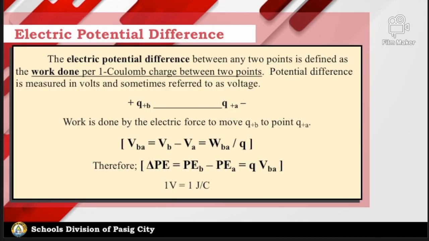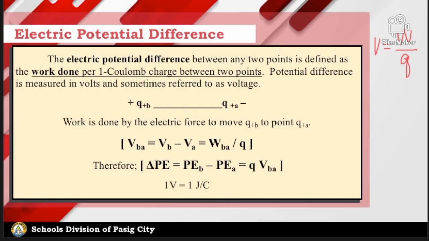The electric potential difference between any 2 points is defined as the work done per 1 coulomb of charge between 2 points. Or, we can write that as V is equal to the work done per unit charge. Potential difference is measured in volts and sometimes referred to as voltage.